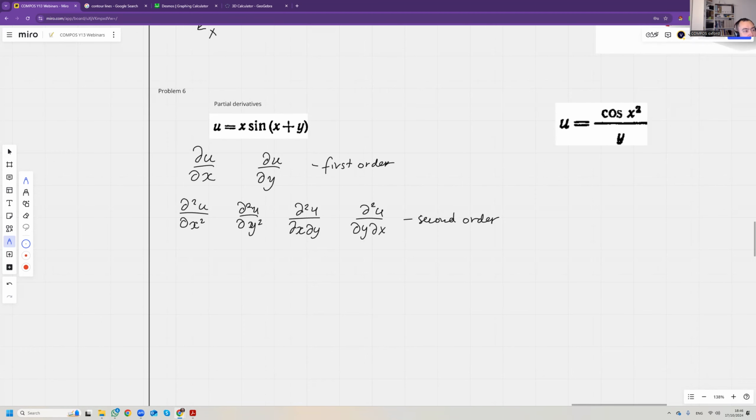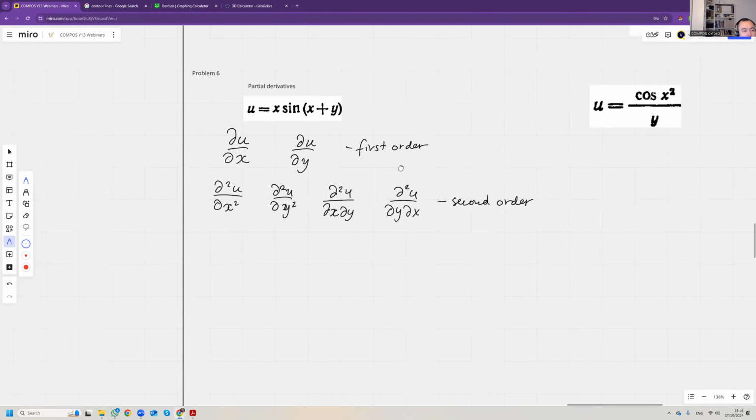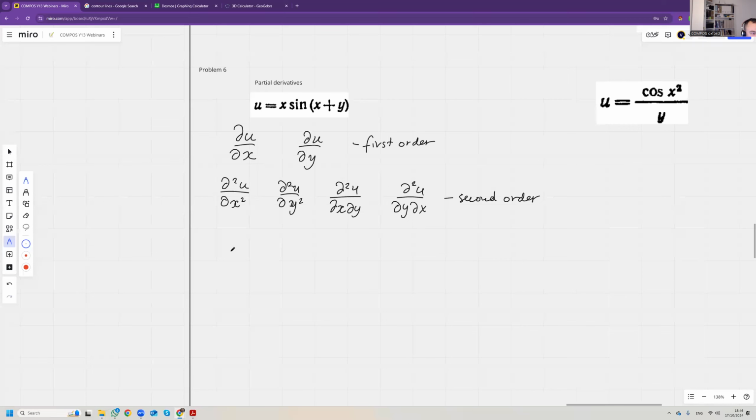Okay, so how do you find the partial derivatives? Well, we just differentiate du dx. So when we differentiate that, we assume that y is a constant. So here we use a product rule. So x multiplied by sine x plus y.